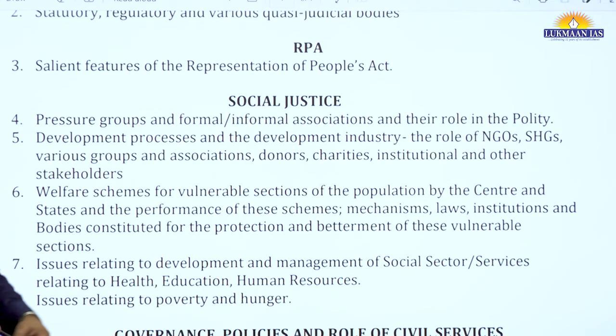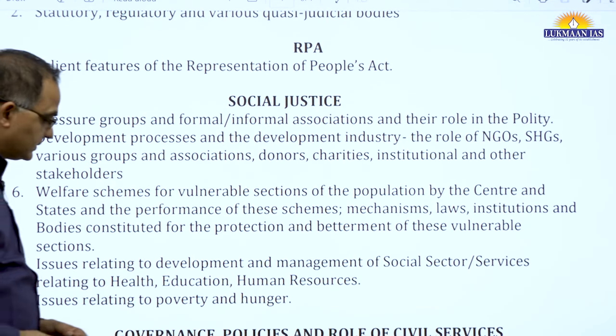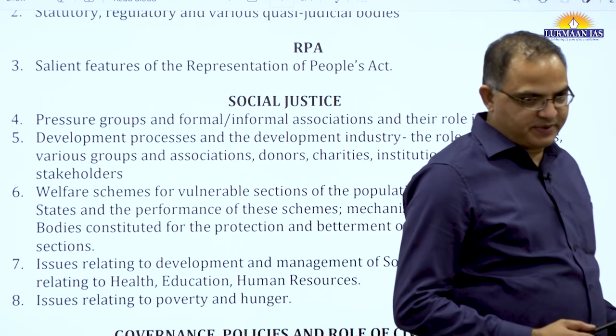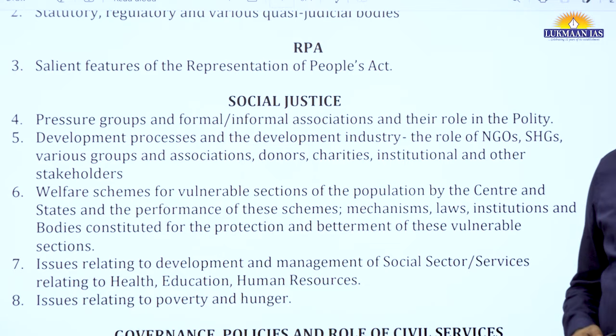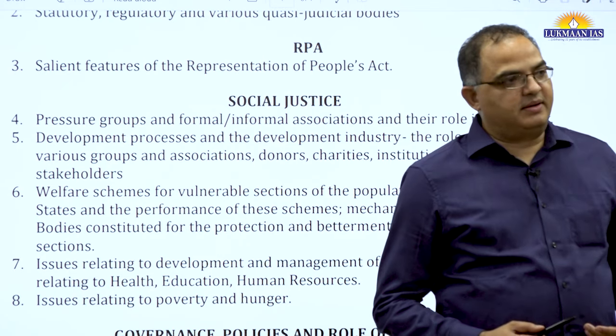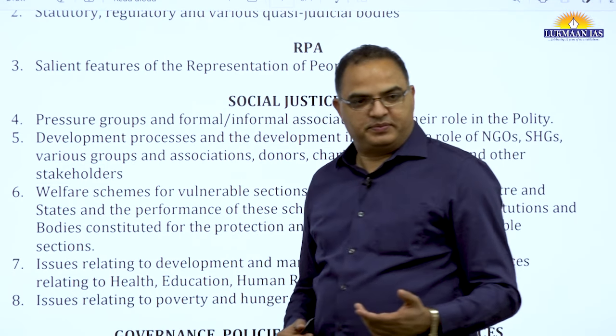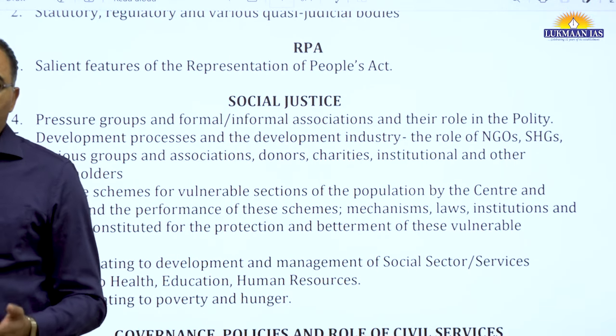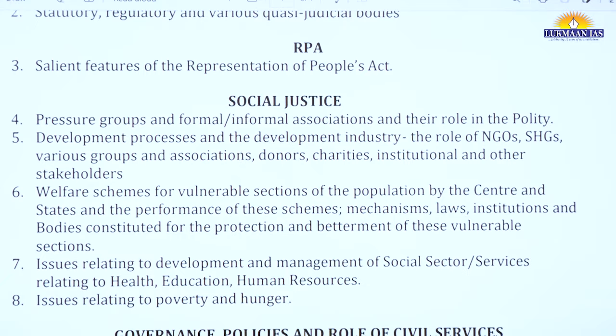Then finally it comes to social justice. Our constitution has DPSPs, and it is not new, but the emphasis has become new. Today when we give emphasis on social justice, justice is not the only thing that is important, social justice is important.